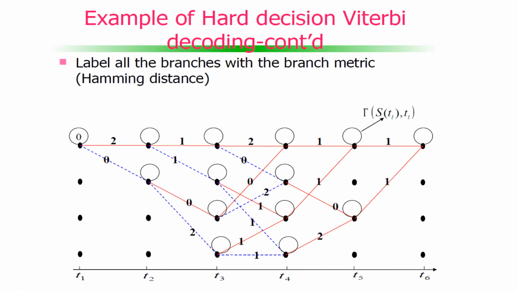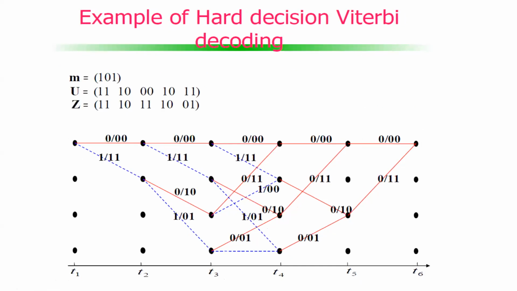Now, what is received as the first branch word? The first branch word received is 1, 1. This is the transmitter trellis, the general trellis. Received is 1, 1. Let's look at this branch going from state 0, 0 to state 0, 0. The output is 0, 0 if the input bit was 0. But what is received here?